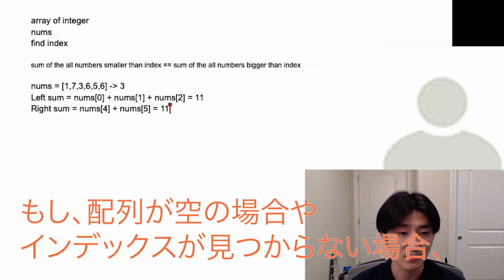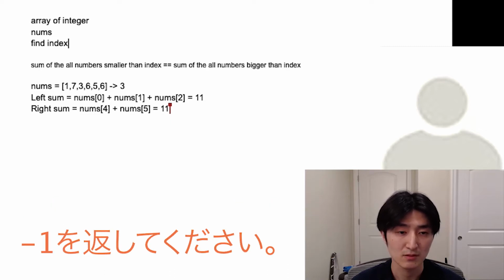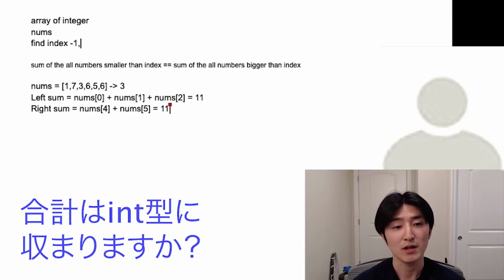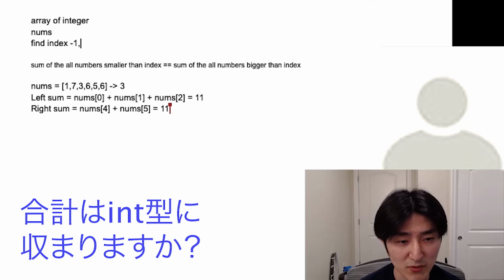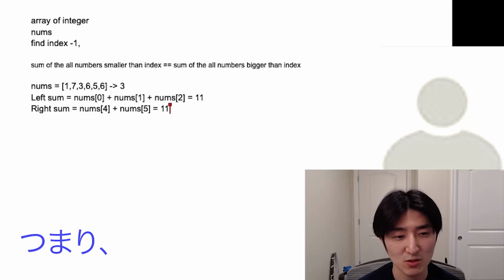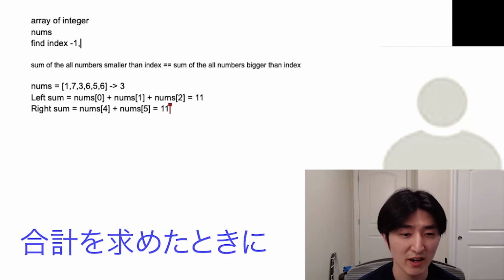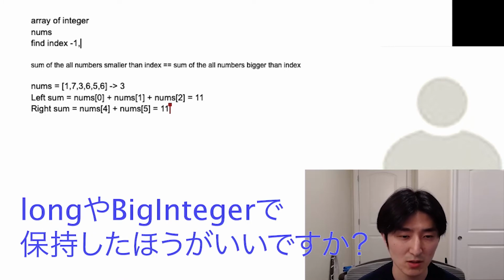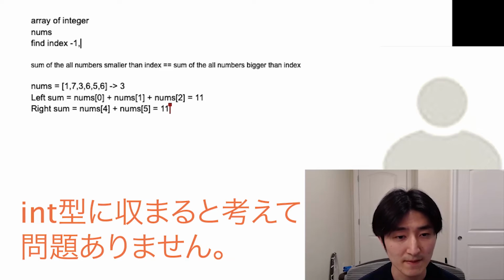If you cannot find such an index, you can return -1. And can I assume all of the sums fit in an integer, or should I consider long or big integer? Just think that this will fit in the integer range.